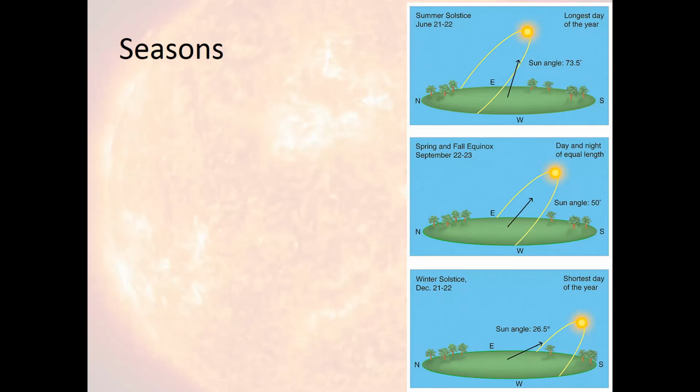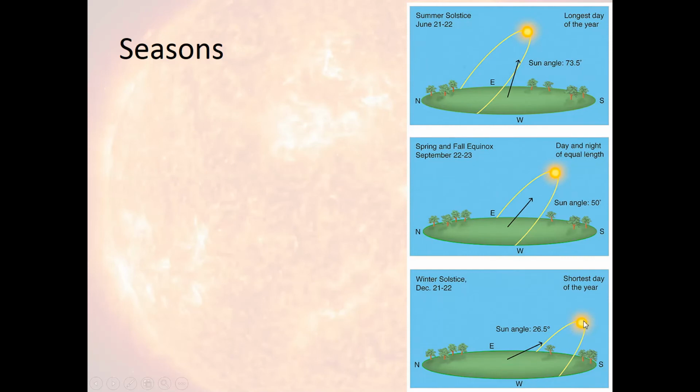Now, what all of this actually does is result in changes of solar angle throughout the year. The reason why this matters is because when the sun is low on the horizon, the amount of sunlight that you get is much less intense.